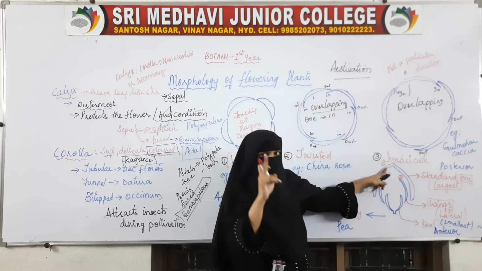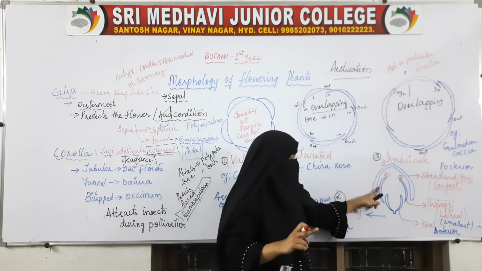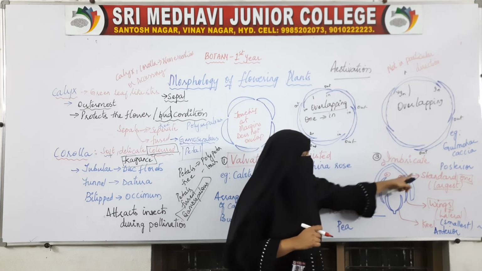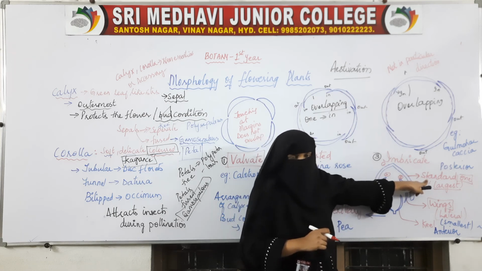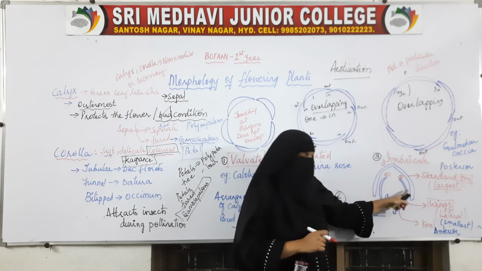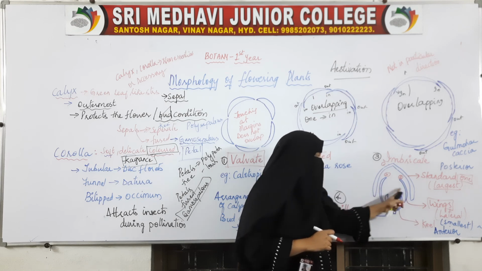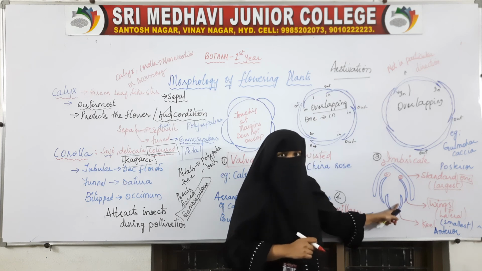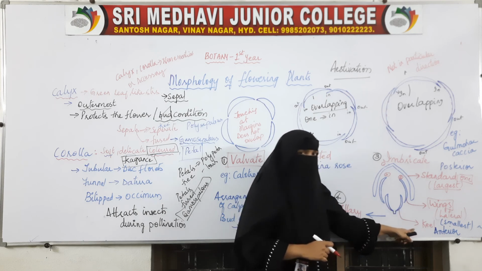This is the largest, one largest, called the standard petal. Then the 2 lateral wings. And these 2 are the smallest ones, called the keel.